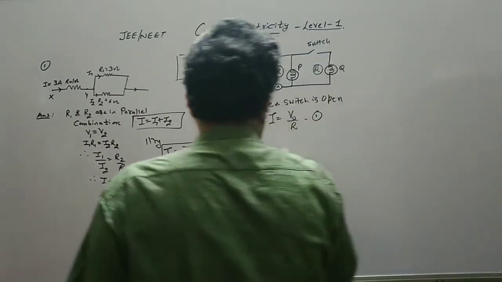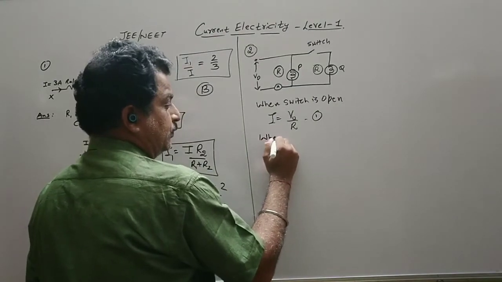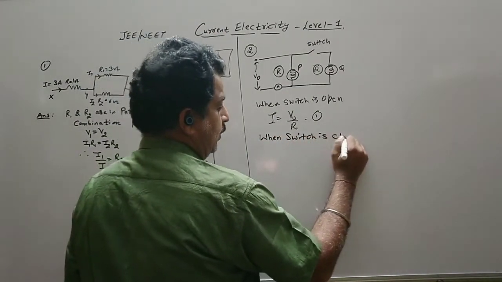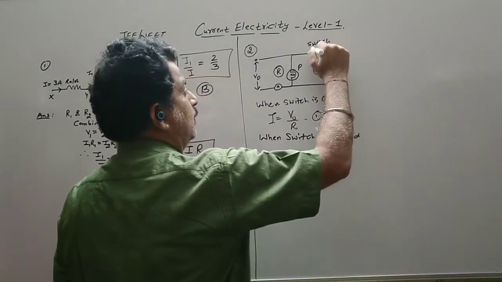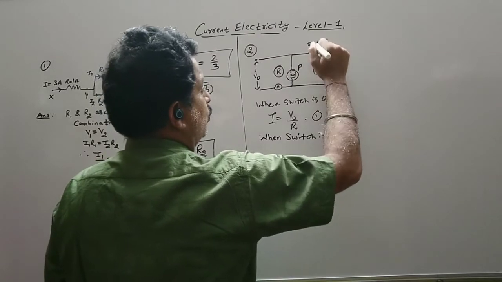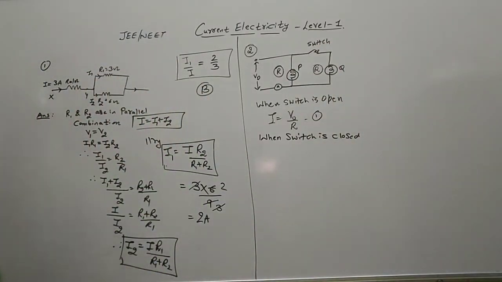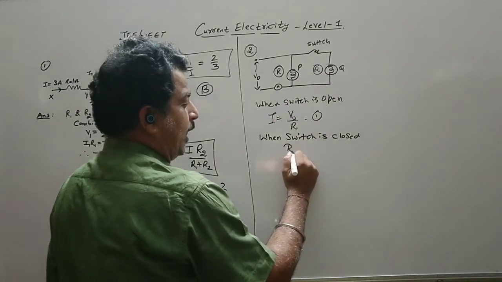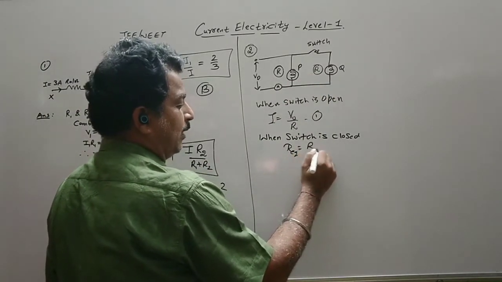Now, when the switch is closed, as soon as we close this switch, both the resistances are in parallel combination. So R equivalent becomes R by 2.